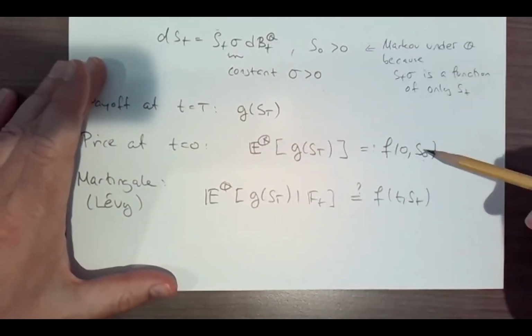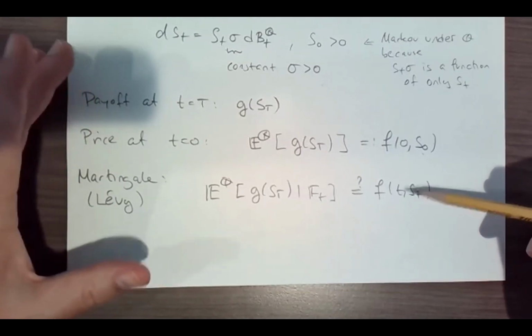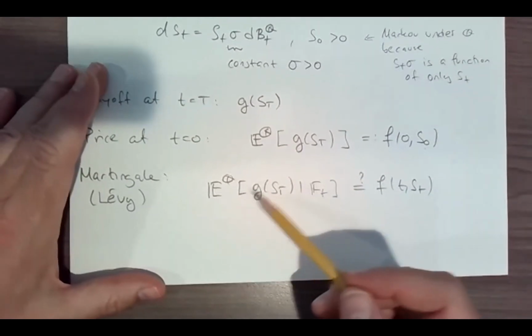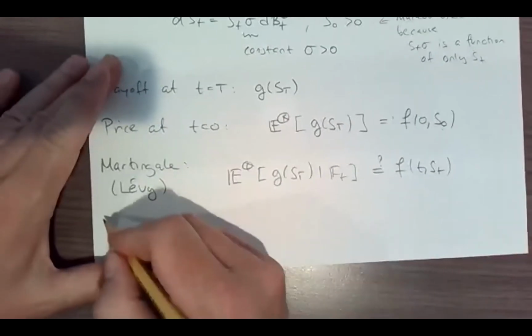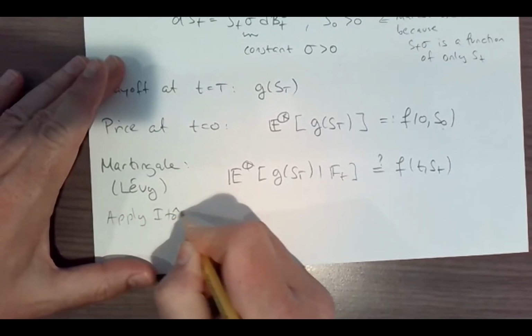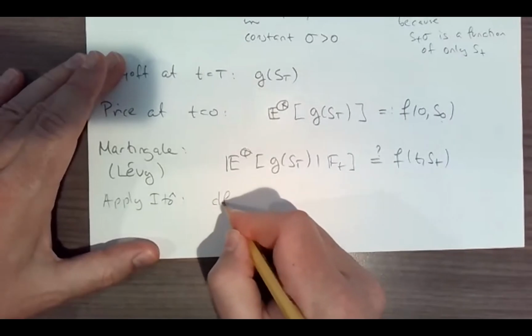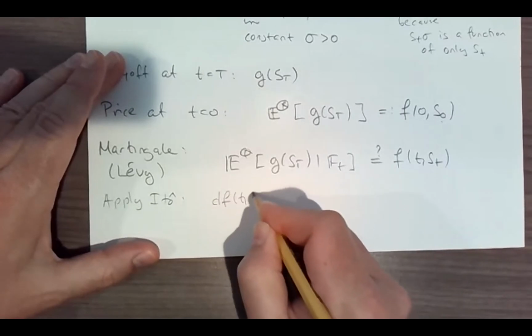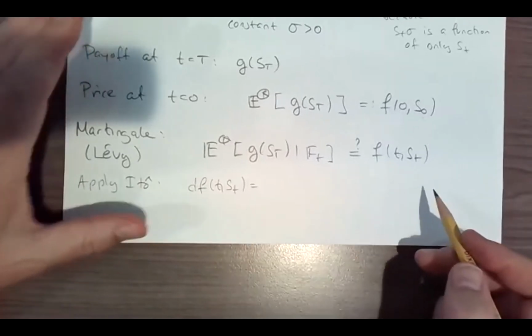Okay, so now given that S is Markov, you only have to put S together with time inside your function. Then you have to find the martingale. There's no discounting here, so you don't have to adjust it. This is a martingale, and then you just apply Ito. If you apply Ito, you'll have dF of t, S_t. There'll be dt terms on the right-hand side.